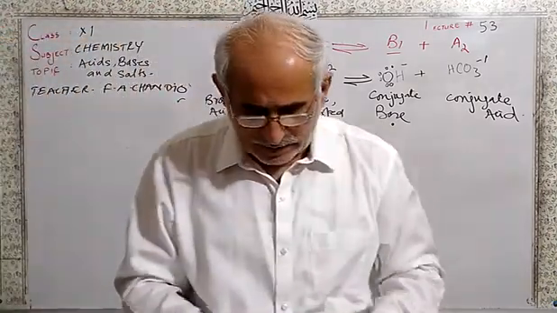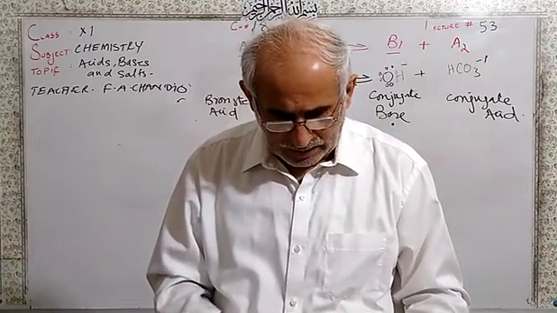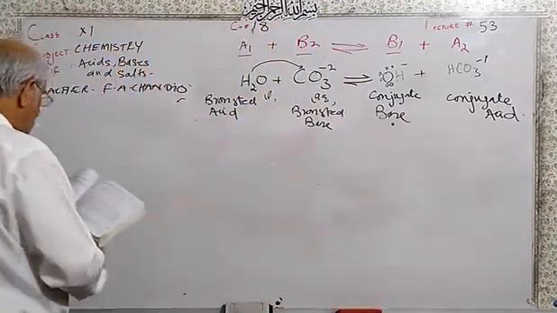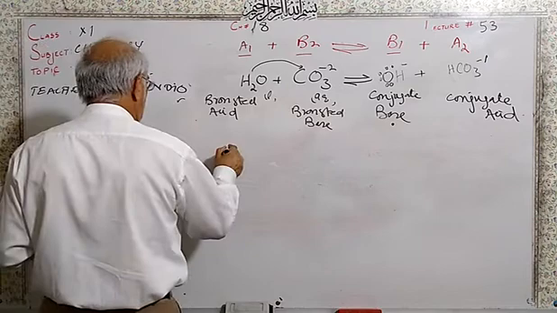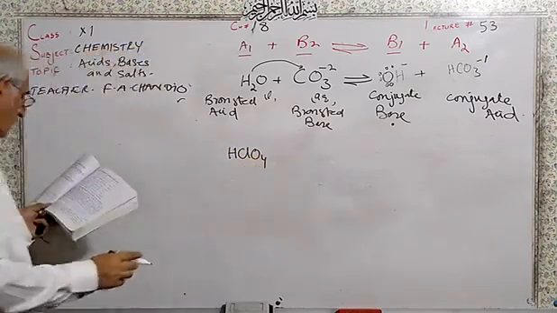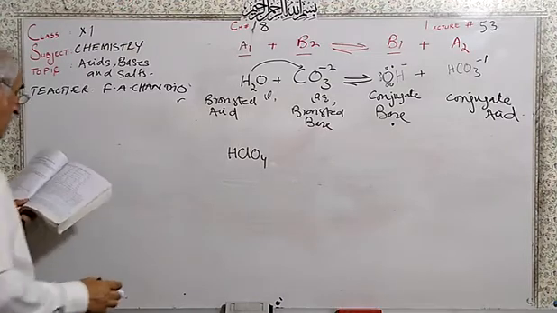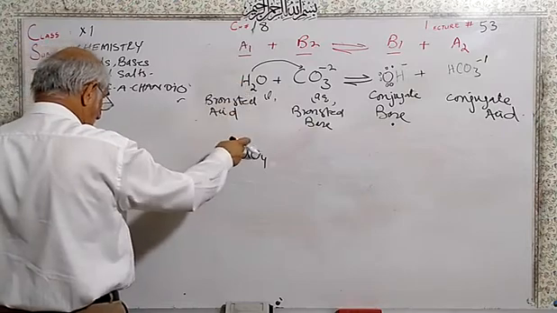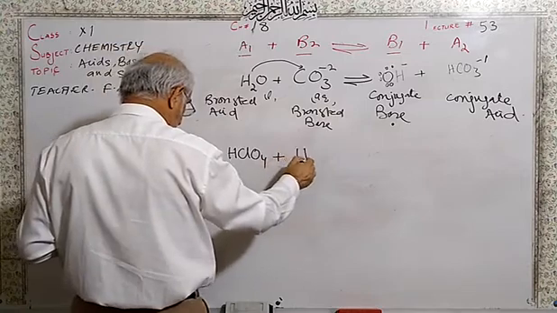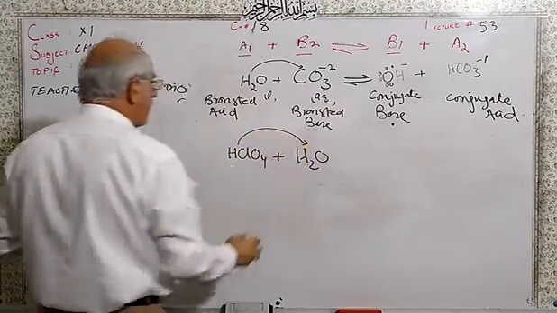There are many you have to solve. There are many here. I'm going to write only one or two. So this is the one. I'm writing another one also. Very strong acid, strongest acid, perchloric acid. This is the Bronsted acid. Water is a Bronsted base.